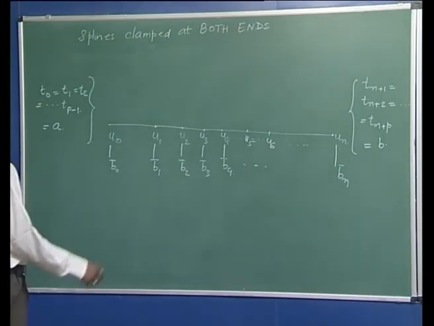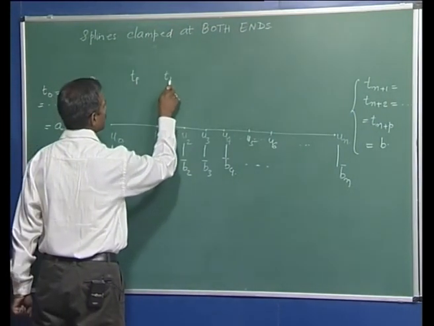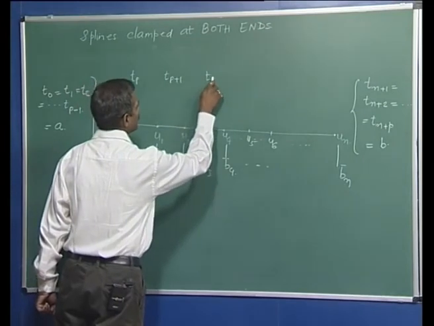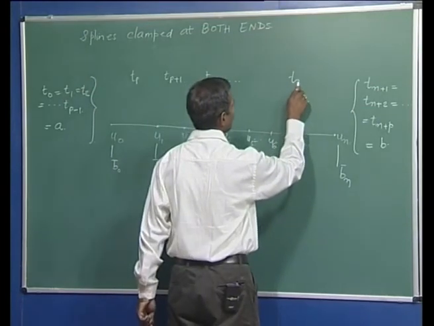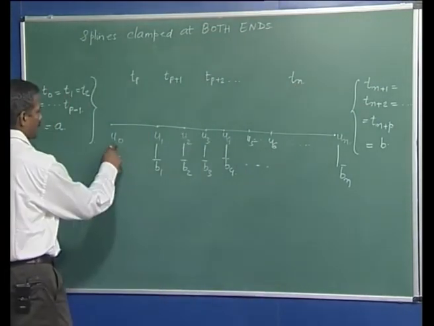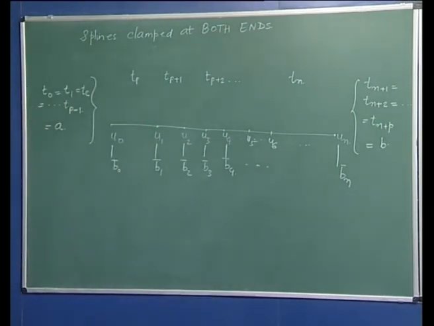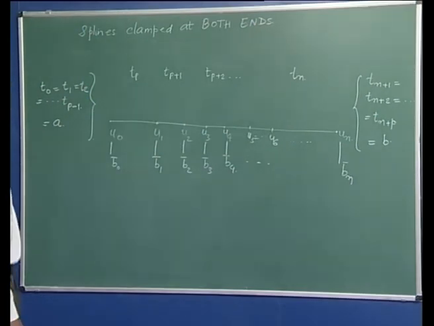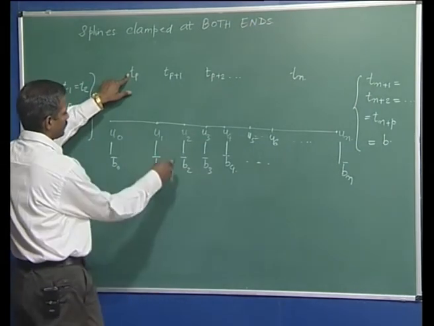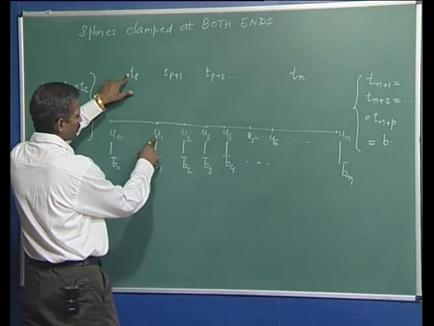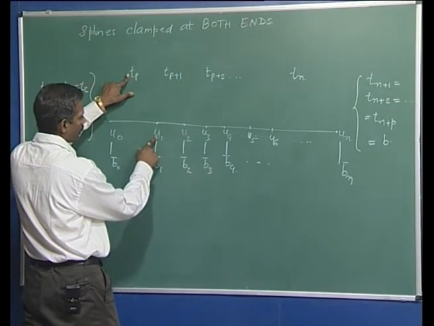I have to compute my internal knots Tp, Tp plus 1, Tp plus 2, and so on up till Tn in such a way that I can use these parameter values that I have generated from before. Now to compute Tp, I can think of choosing the p minus 1 parameter values starting from u sub 1.